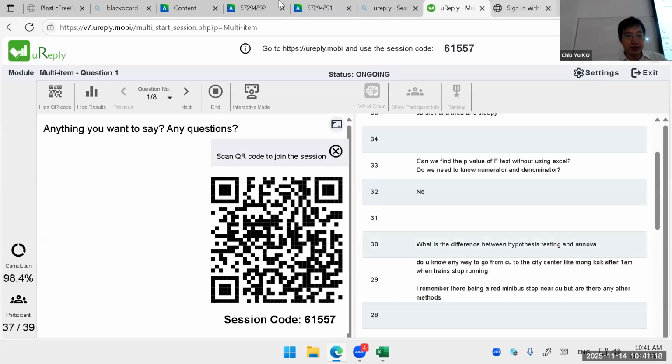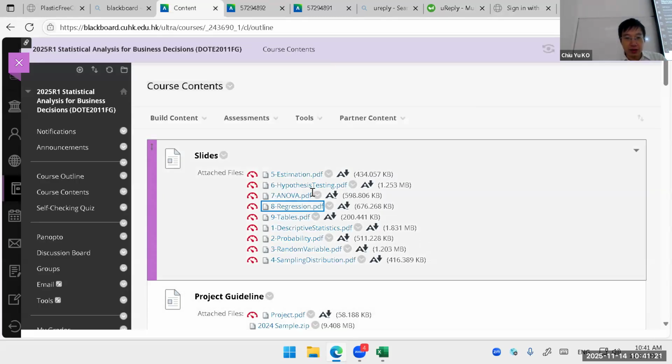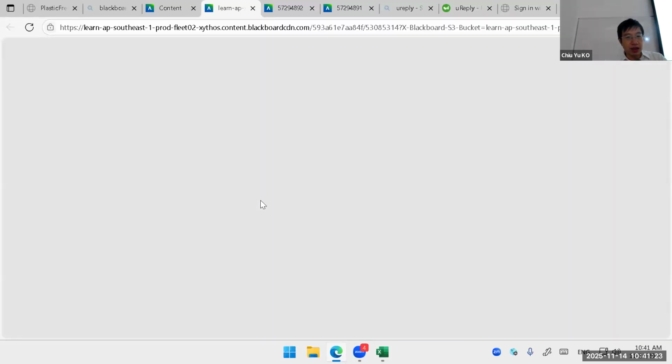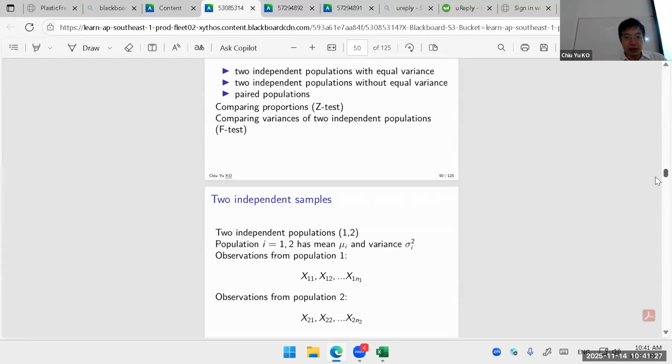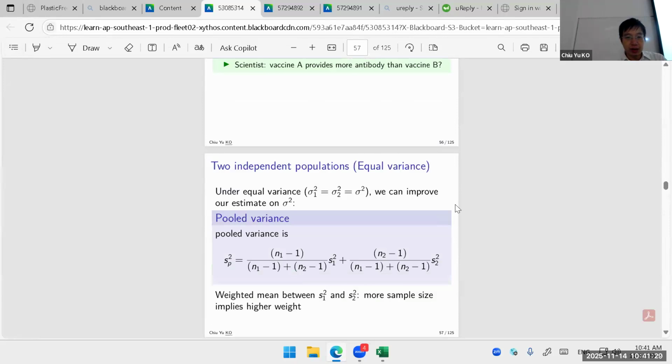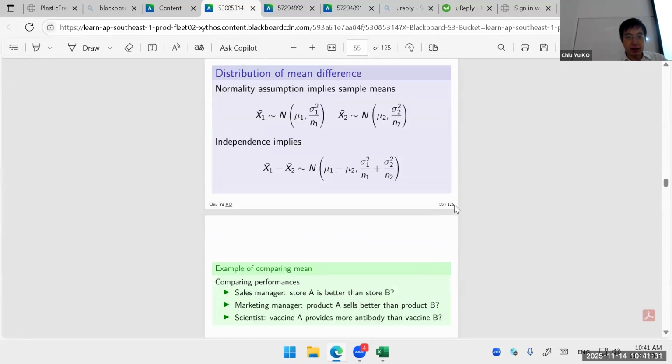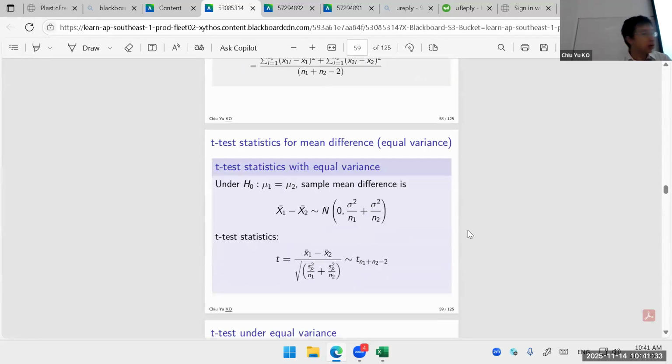If we go back to here, so you ask this question. Hypothesis testing is a lot of things, right? In particular, look at the two sample test with equal variance. This is comparing the mean of the two. You see whether this is true or not, right?